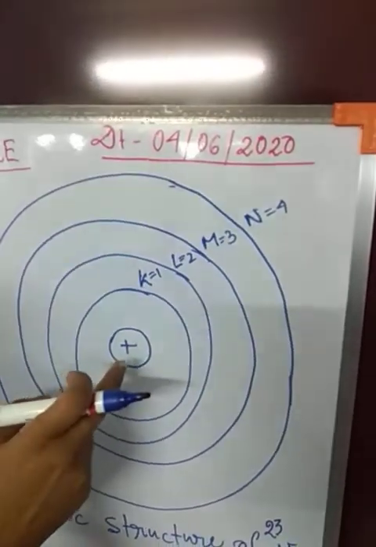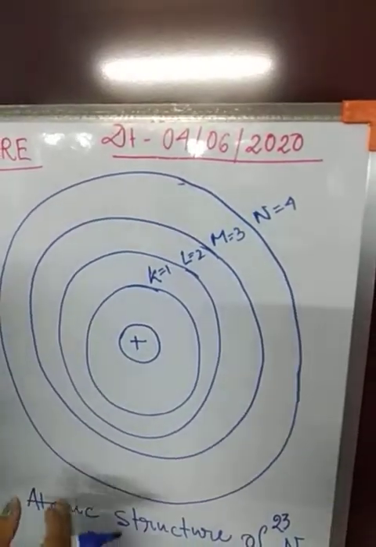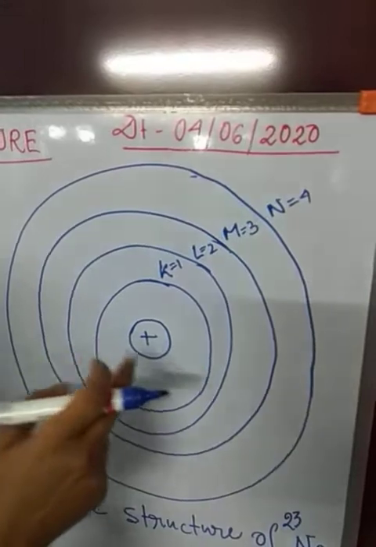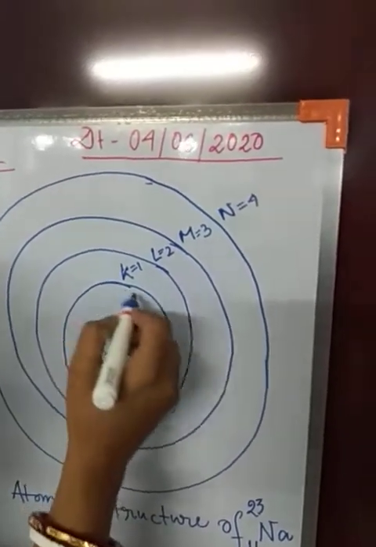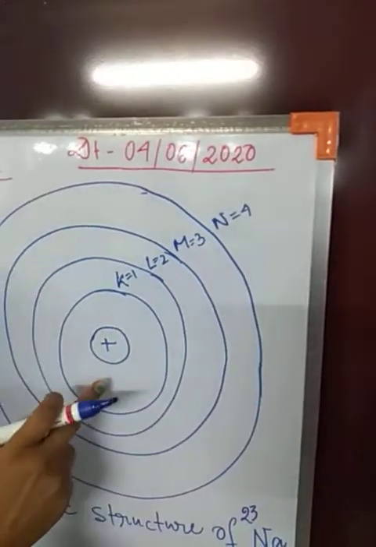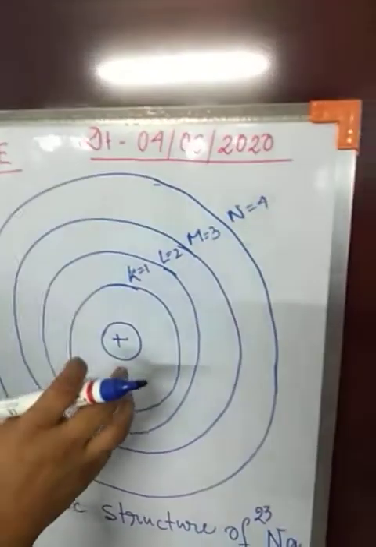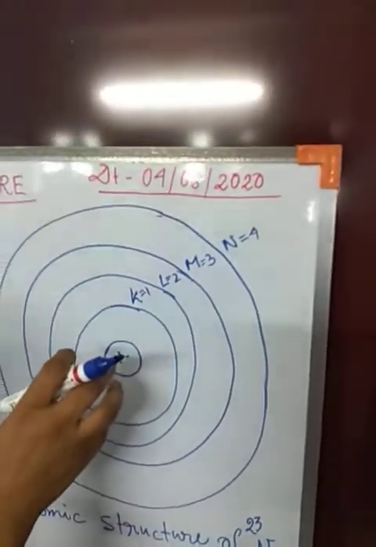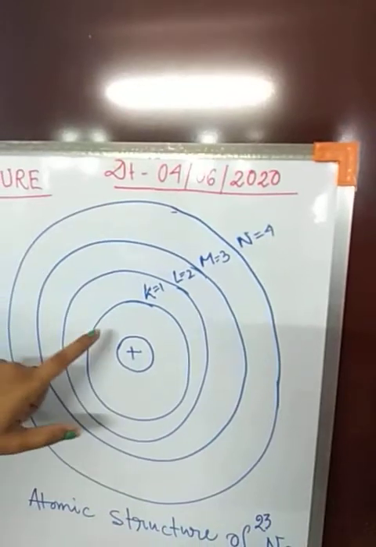All the protons and neutrons reside here, and they are collectively known as nucleons. Electrons will reside in the outermost shells. Protons and neutrons have the maximum mass, because electrons have negligible mass.